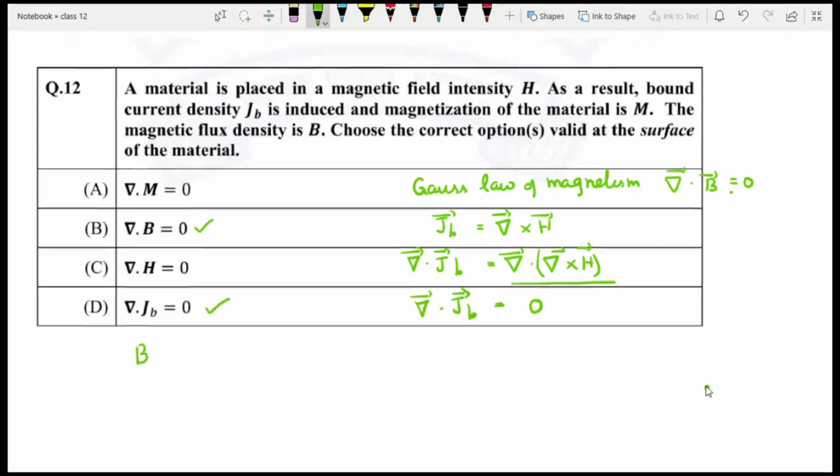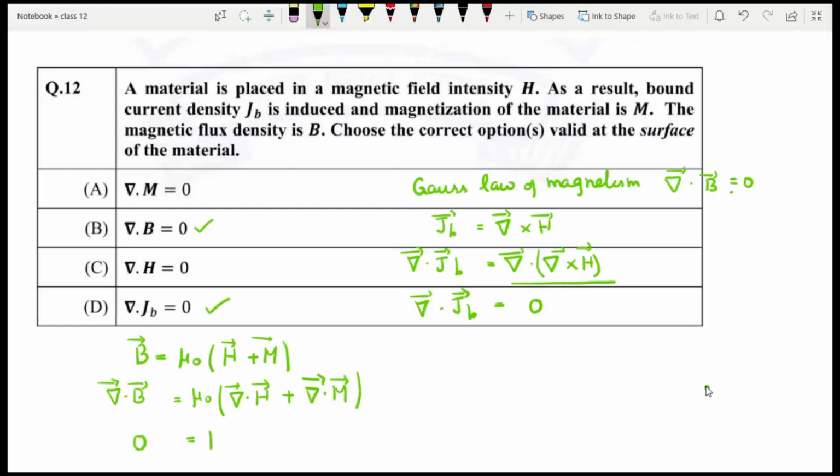We know that B is equal to mu naught into H plus M. Del dot B will be equal to mu naught del dot H plus del dot M. We know del dot B is equal to 0.